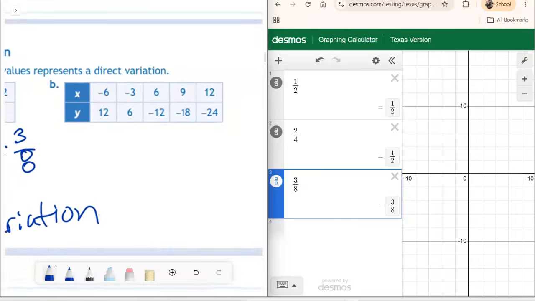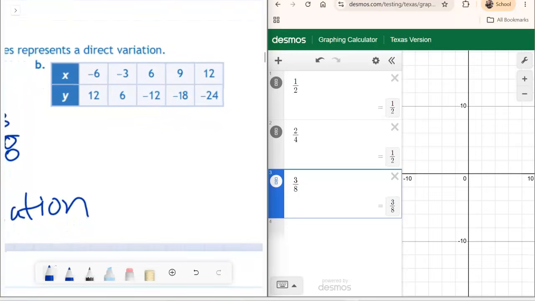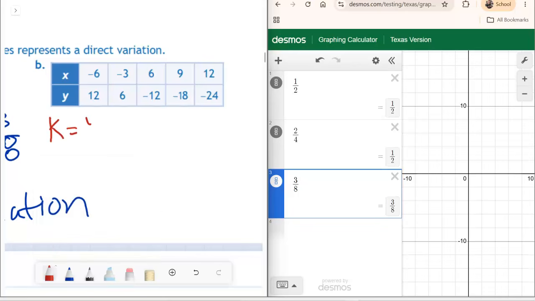Let's go ahead and try this one. Tell me whether or not it's a direct variation. k equals y over x. Start putting the numbers in and tell me whether or not the k is a constant.